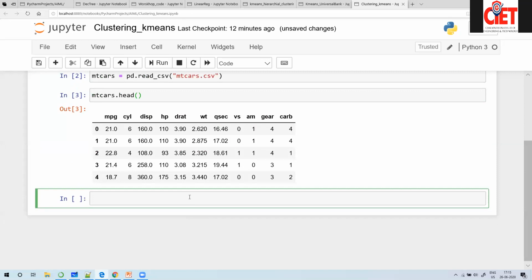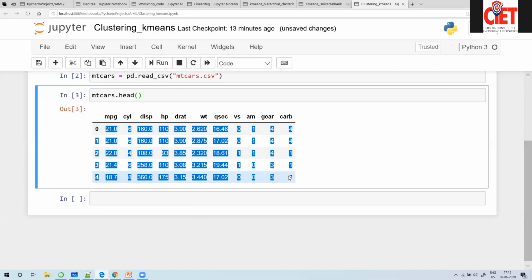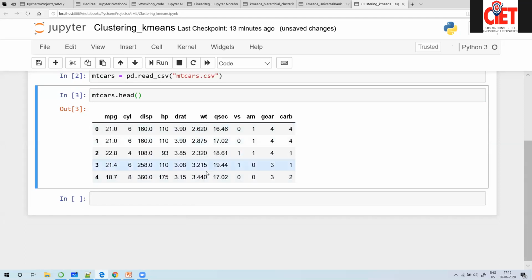So two things. Luckily, in this data, we have all numeric columns, so no need to do any dummy variables or one-hot encoding. But if you have character data, we certainly have to do one-hot encoding, converting character data to numeric in the first place.